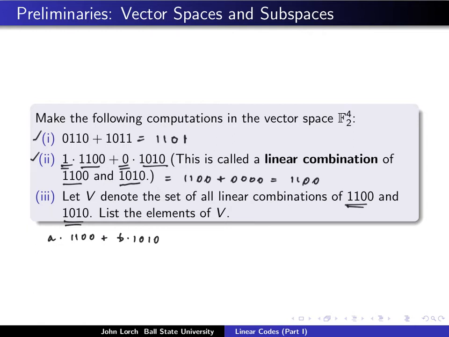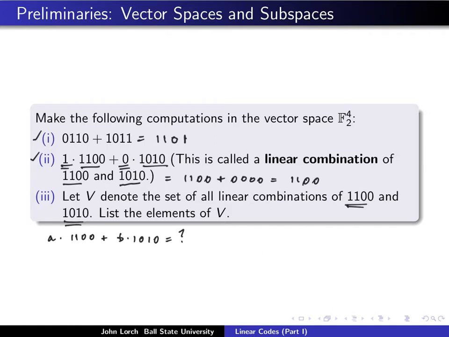Now that might seem like an enormous task, to do that for all A and B, but remember the A's and B's live in the set F2. So that means that A and B are both either 0 or 1.